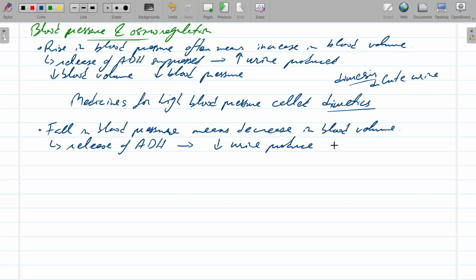More water is retained and returned to the blood.